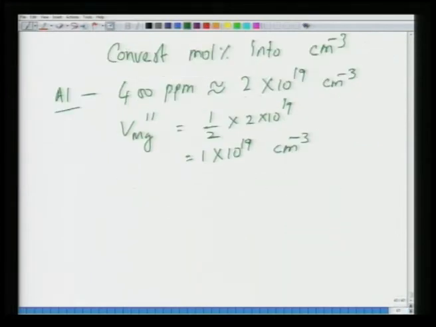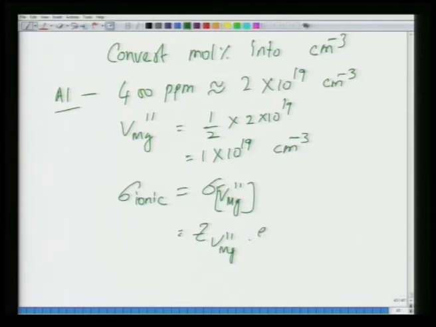Now from this you can work out what is sigma ionic. Sigma ionic is nothing but sigma V_Mg, which is nothing but Z_VMg multiplied by E multiplied by C_VMg multiplied by mu V_Mg.